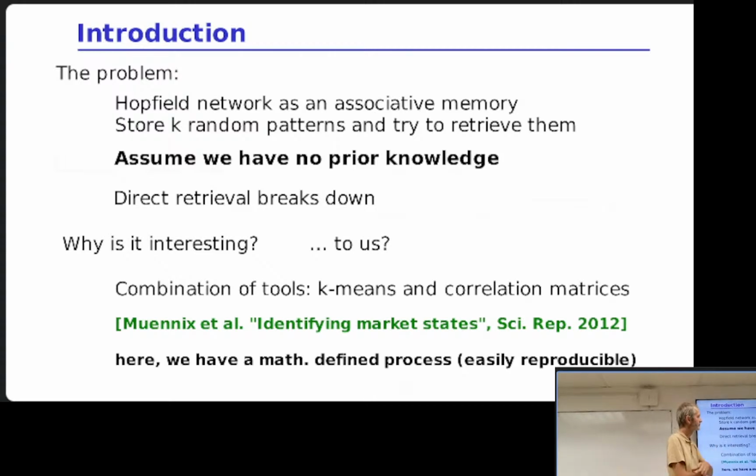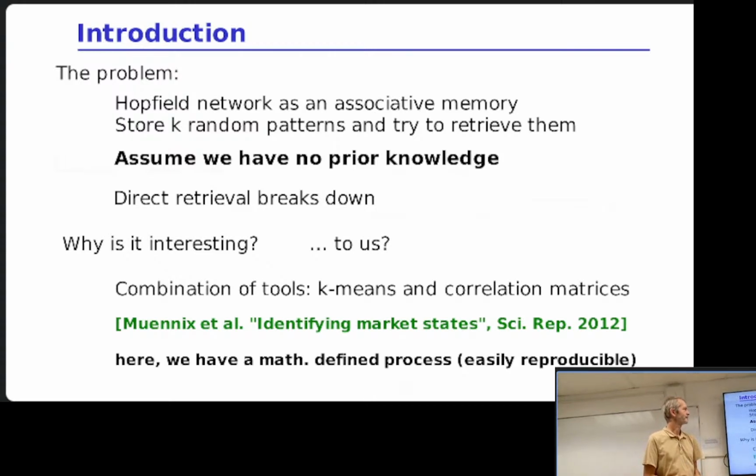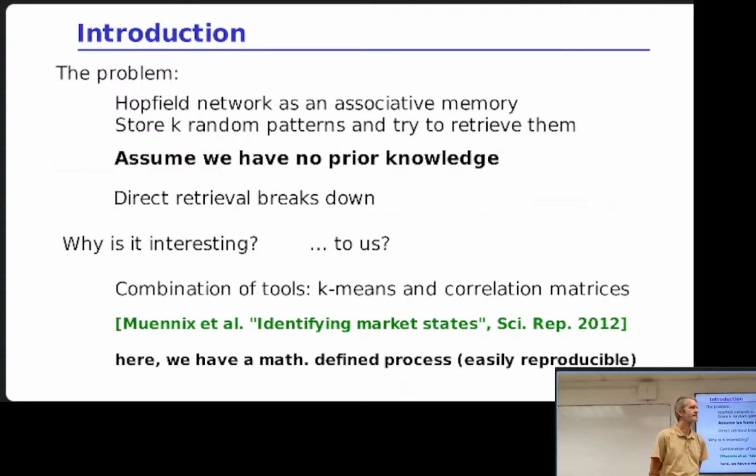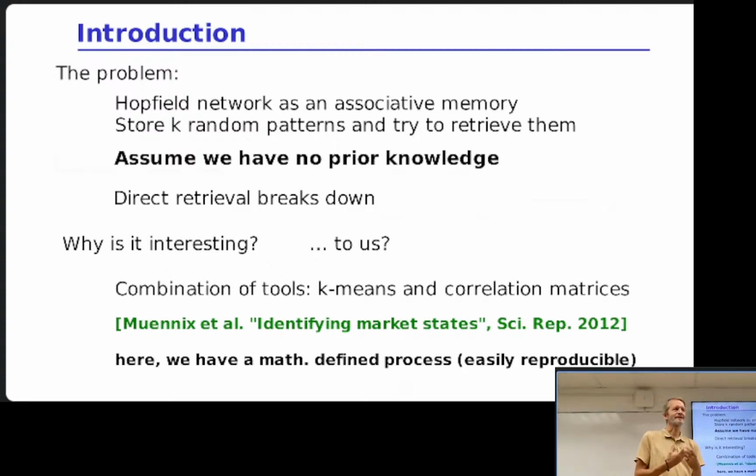We assume that we have no prior knowledge about these patterns, so that's crucial. Of course, the usual way you use associative memories is that you know something in advance, you tell that to the memory, and then the memory gives you back the pattern which more closely relates to what you know.